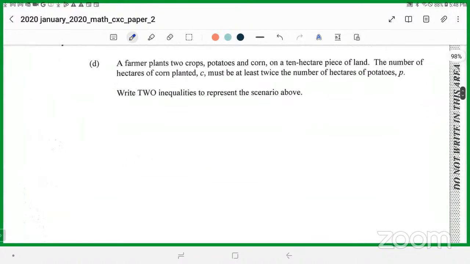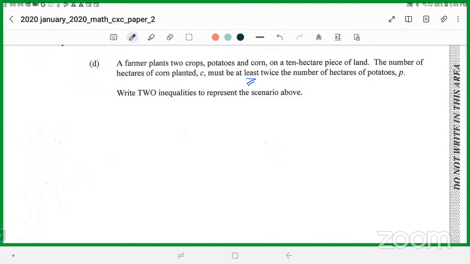Remember, this one says a farmer plants 2 crops, potatoes and corn, and he's placing them on a 10-acre piece of land. So the total land space is 10 acres. It says the number of acres of corn, C, must be at least, which means greater than or equal to.